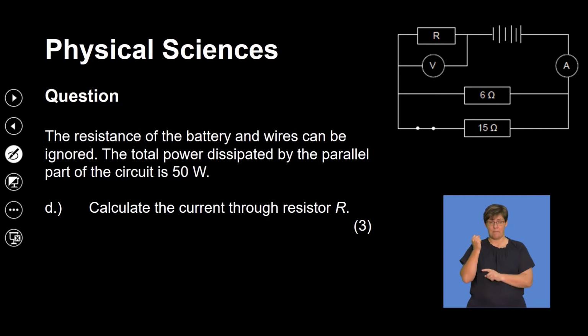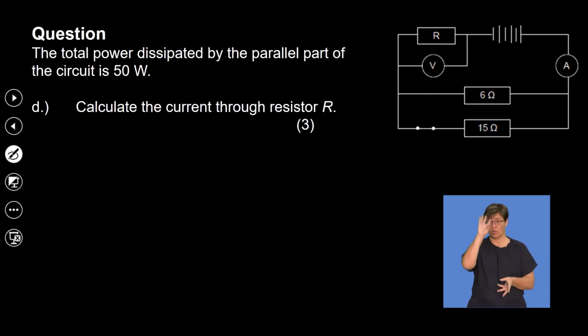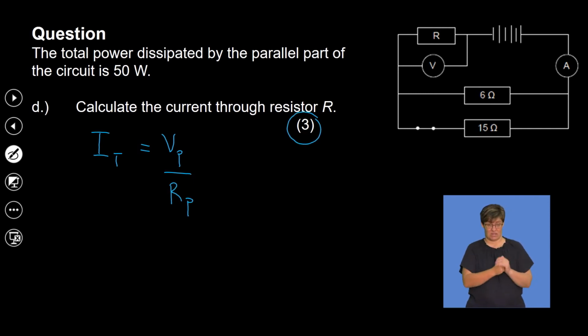So if we can find the total current in the parallel combination, it's exactly equal to the current that passes through R. The total current, which is the main current, is equal to V parallel divided by R parallel. Because it's a 3-mark type of question, it's the formula, which is Ohm's law, the substitution, and then the correct answer.